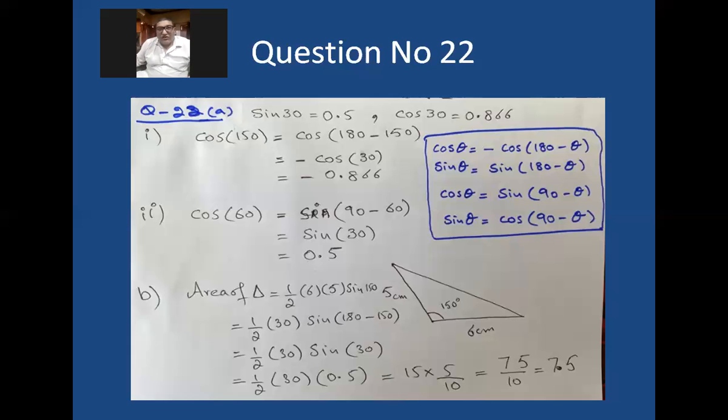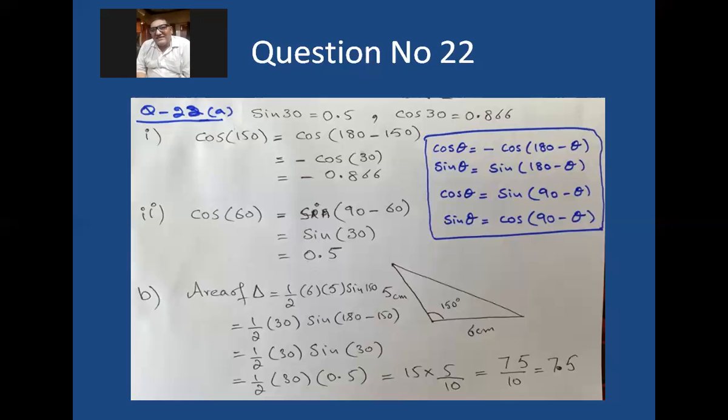So if you want to find out the cos 60 value, 60, its complement is 30. Okay. So cos 60, its answer will be same as sin 30.